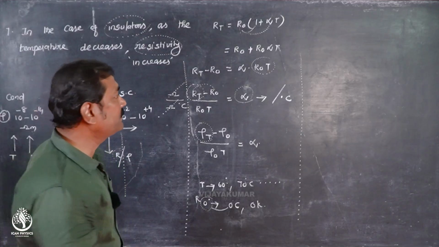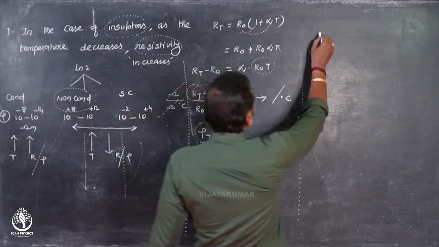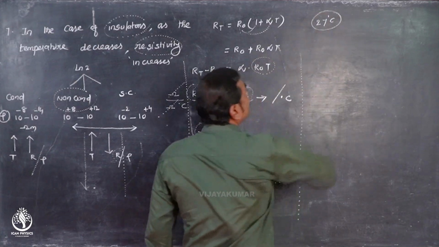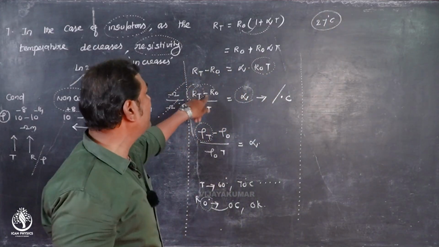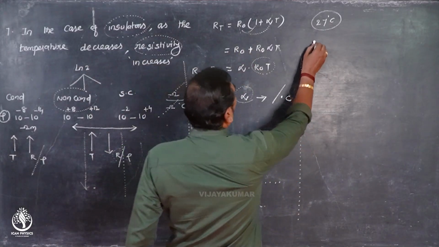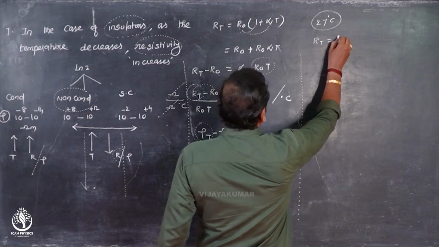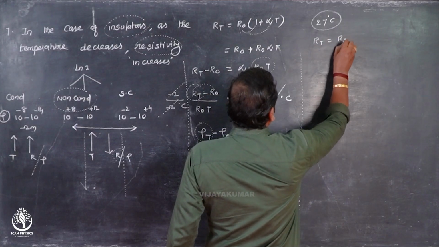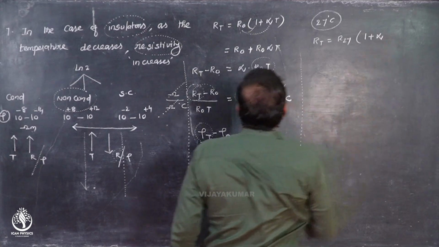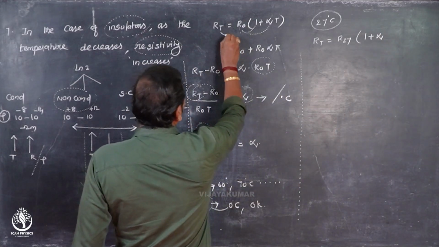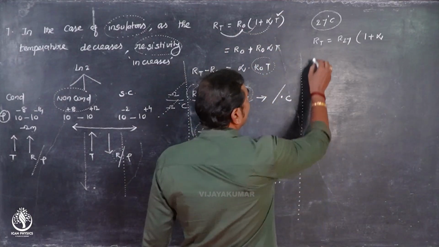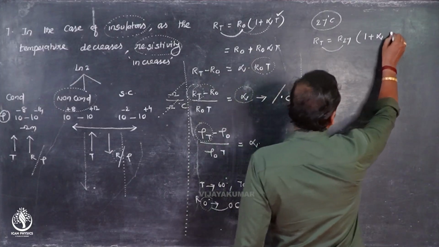Instead of asking like that, they are asking at room temperature. The room temperature may be given as 27 degree Celsius. Then we can modify the formula. So how can we modify the formula? R_T equal to R_27 into 1 plus alpha into (T minus 27). Here, earlier we wrote T minus 0, then it becomes T; now we write T minus 27.